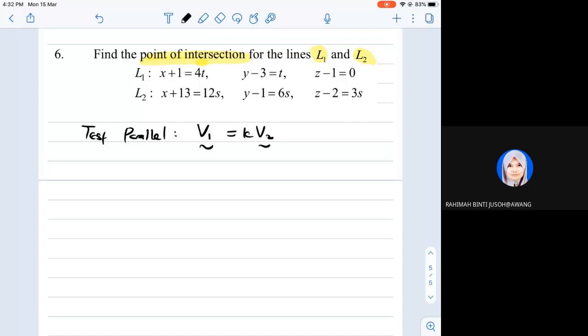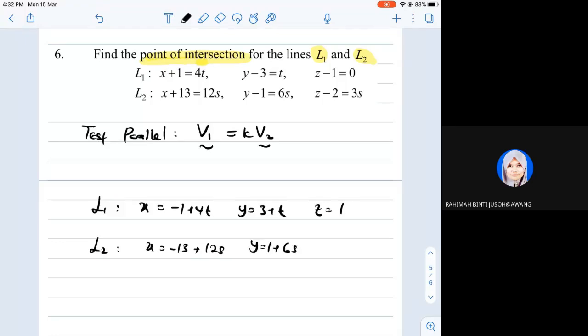Okay, kalau you pening, macam ni guys. Kalau you pening, you rewrite balik your L1 sebagai X sama dengan negative 1 plus 4T, Y equals to 3 plus T, macam tu, Z equals to 1. And L2 adalah X equals to negative 13 plus 12S, Y equals to 1 plus 6S, and then Z equals to 2 plus 3S macam ni.